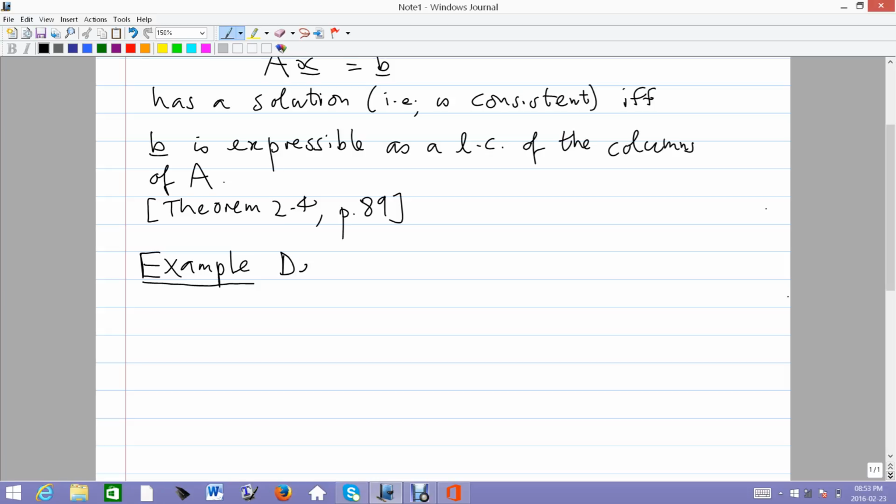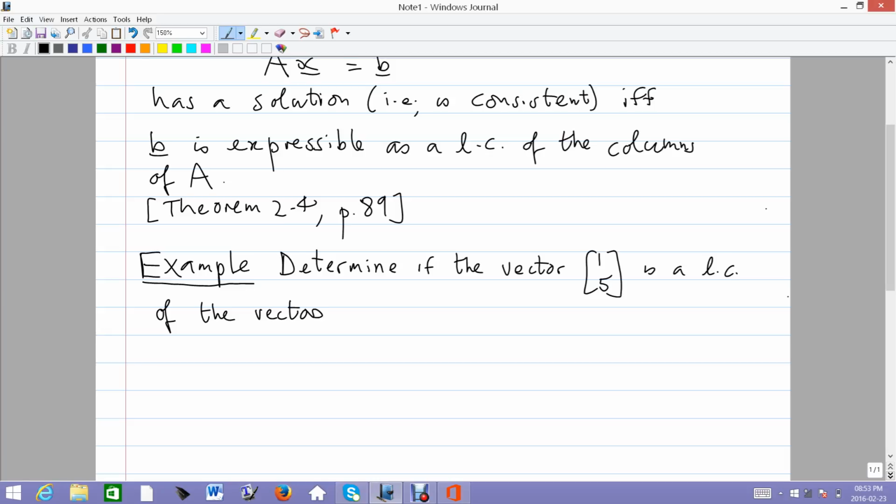We're asked to determine if the vector (1, 5) is a linear combination of the vectors (-1, -2) and (2, 3).